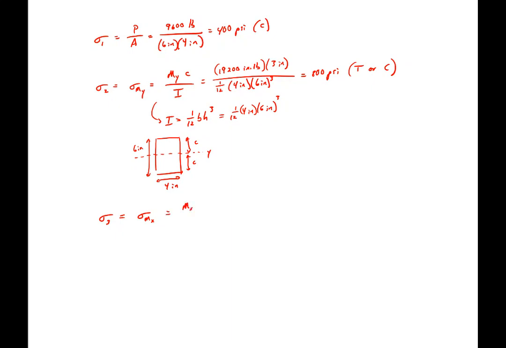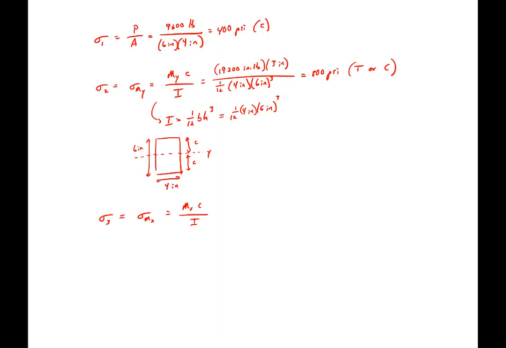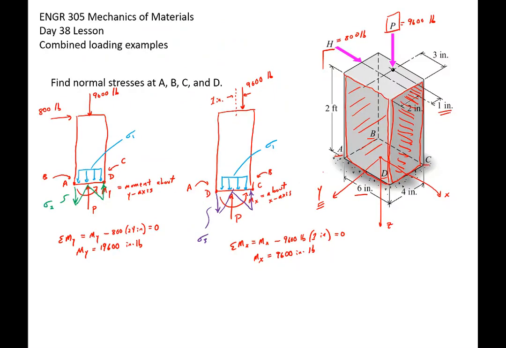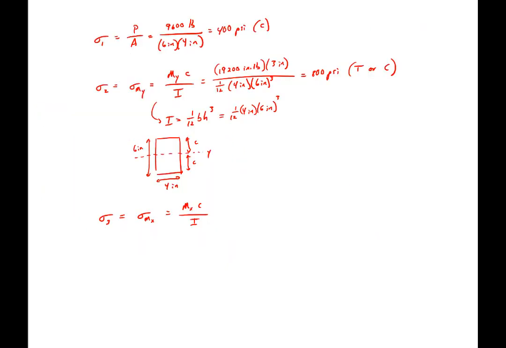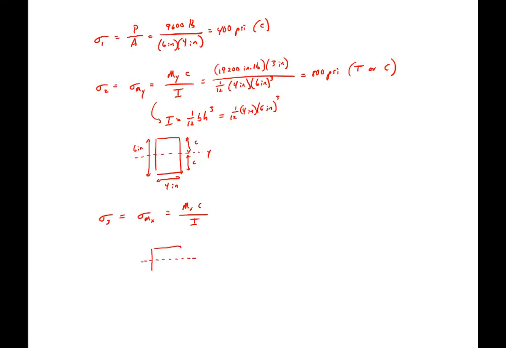So we'll write the moment about the x-axis times c over I. In this case, if I want to look at the axis that we're bending around, the x-axis, the depth of this section above and below the x-axis is this 4 inches. So if I draw this thing like this, the x-axis being here, this dimension is 4 inches. This dimension is 6 inches.